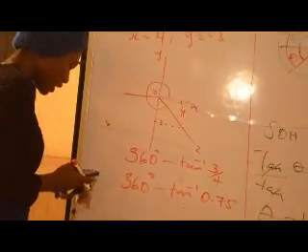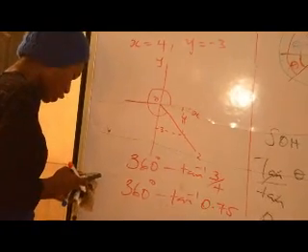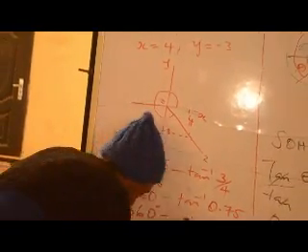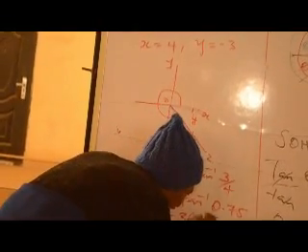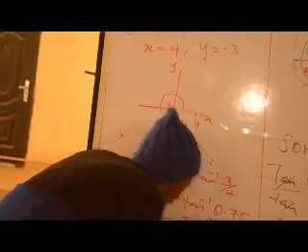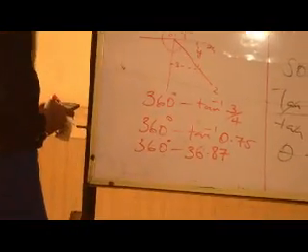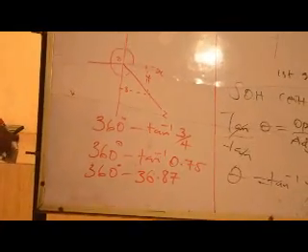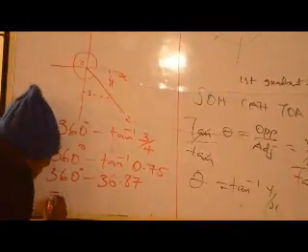Now the tan inverse of 0.75 will give us 36.87 degrees approximately. So our argument at this point will give us 323.